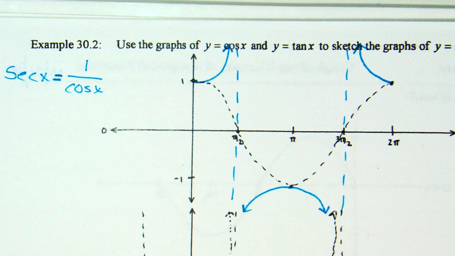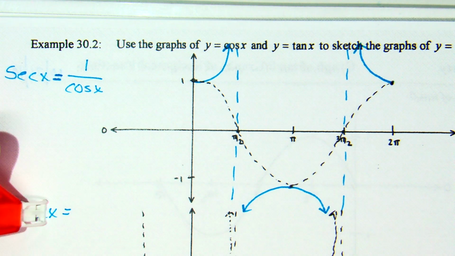Okay. Now, officially it says to draw tangent, they want us to use the cotangent graph. What is the relationship between tangent and cotangent? Yeah.